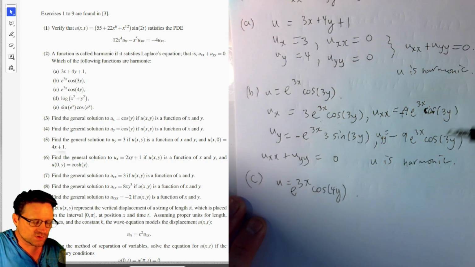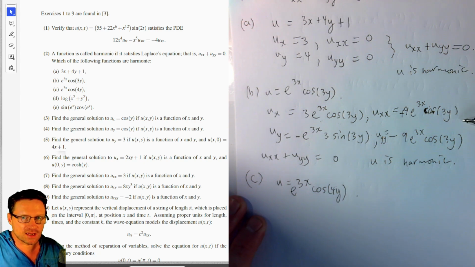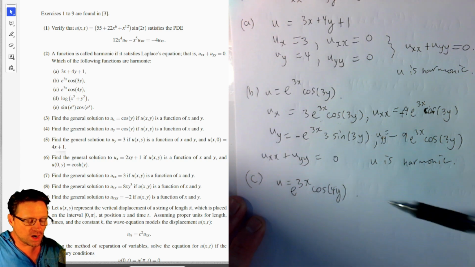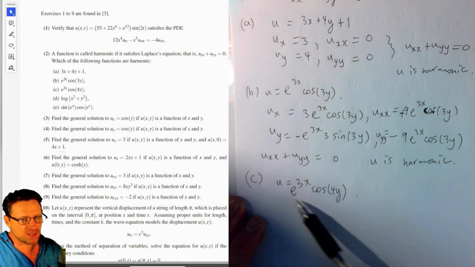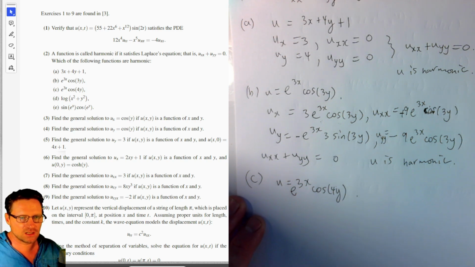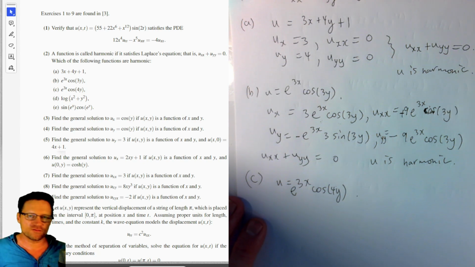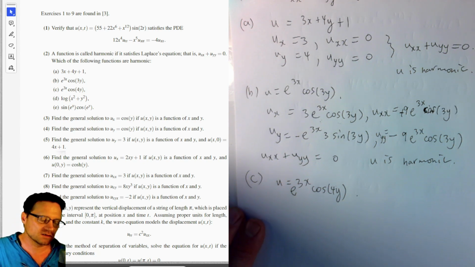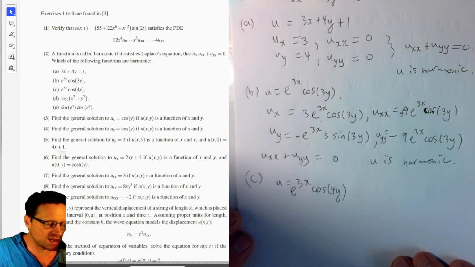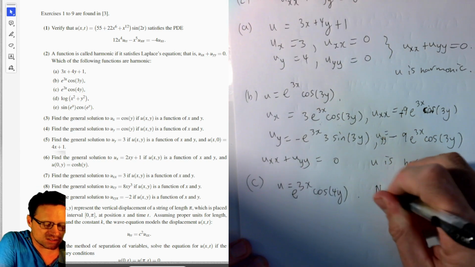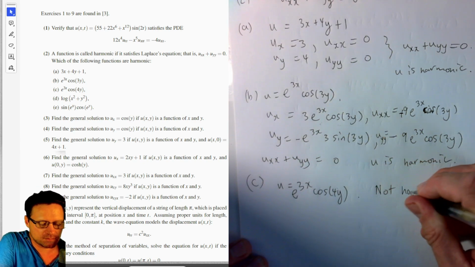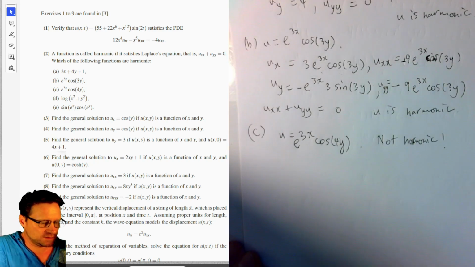So what happens is we have something similar in u_xx, but something totally different in u_yy because the 4's keep coming out. So we end up with a 16 out the front for the u_yy, but a 9 out the front for the u_xx. So those are not going to add up to 0. So let's just say not harmonic. Okay, part D.